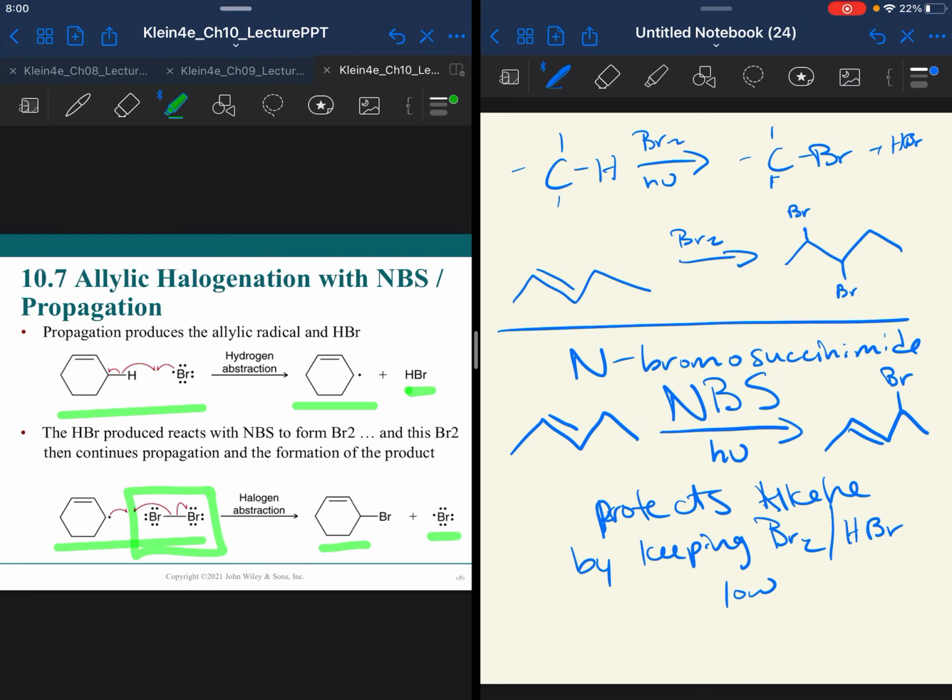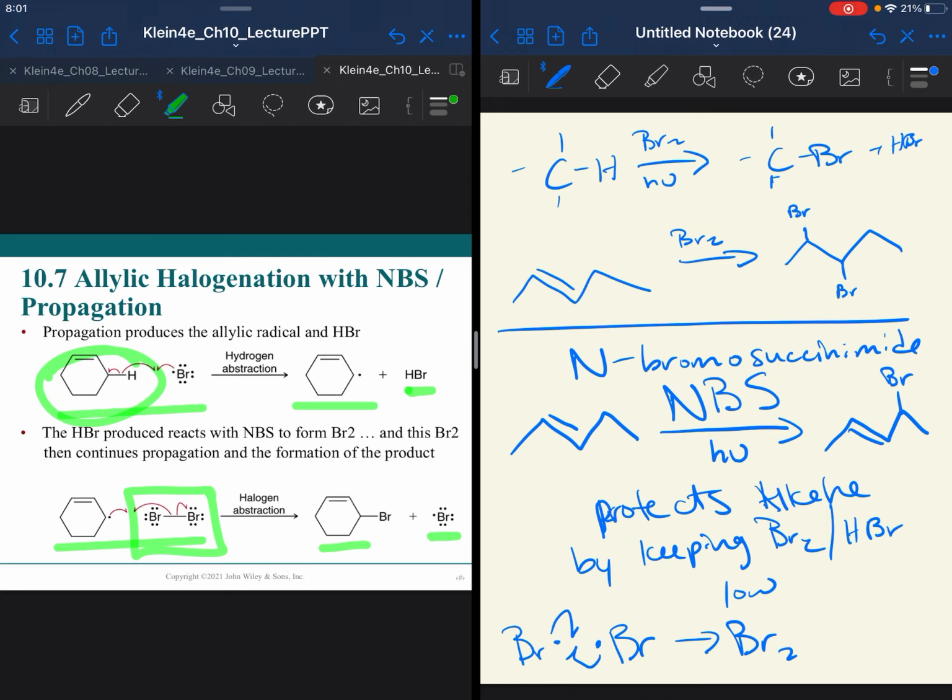Now, how did we make the Br2? Well, a termination step, right? We know that if a bromine radical is formed from the NBS, and before it runs into this molecule it runs into another bromine radical, then the termination step is going to form Br2. You're just not going to have very much of it in solution.